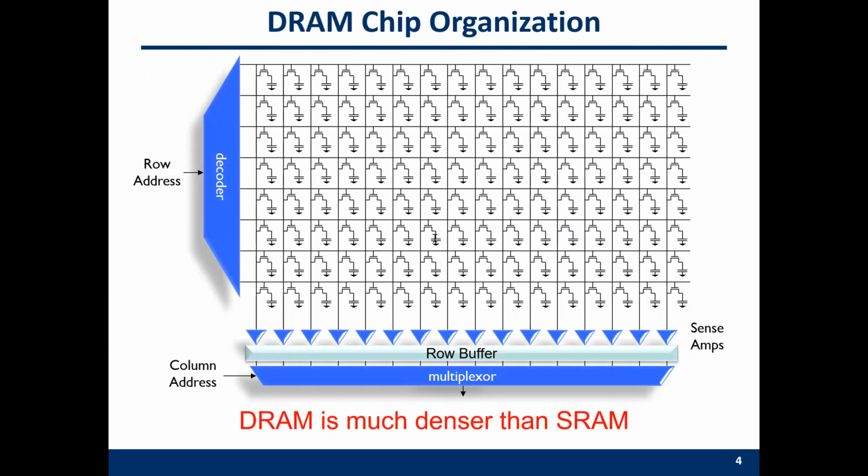So here is one example of the array, where the row decoder can decode and activate one row.